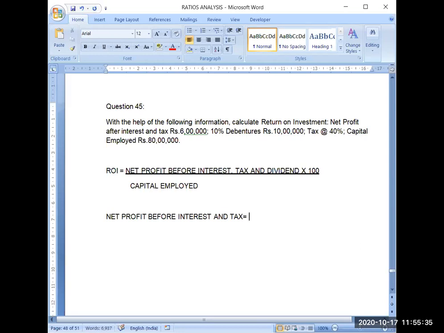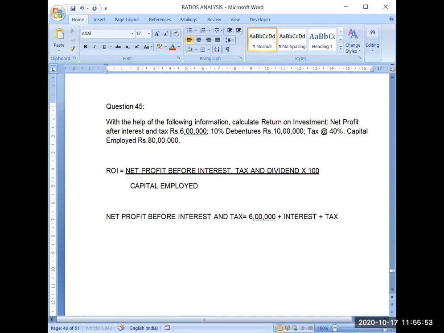It is equal to, now net profit is given as 6 lakh, plus interest, plus tax. These I have to add back.